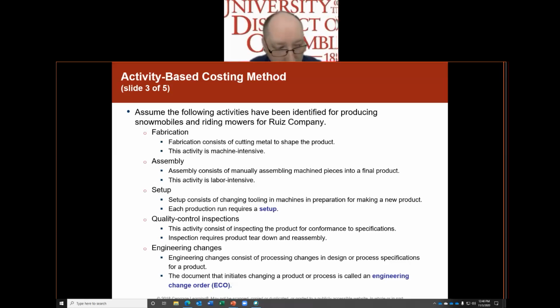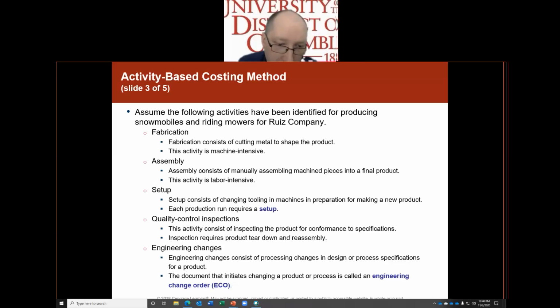We call that a run or a batch. It's the same thing. A run or a batch is a set number of finished products that you expect to make in a certain amount of time. But before we make a run, we have to retool the machine through the setup process.